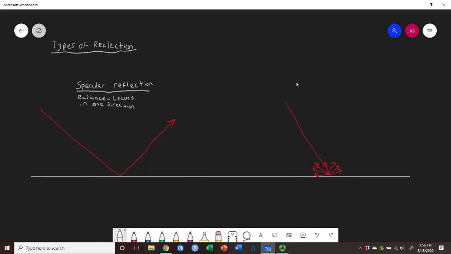In this case, this is called Lambertian reflection. In the case of Lambertian reflection, the radiance leaves equally in all directions.